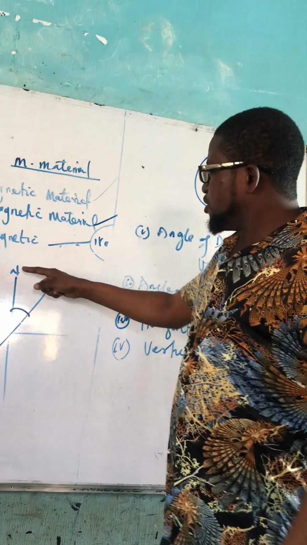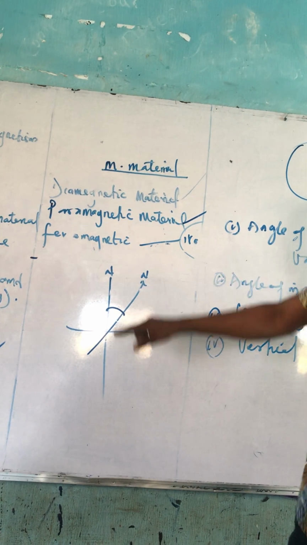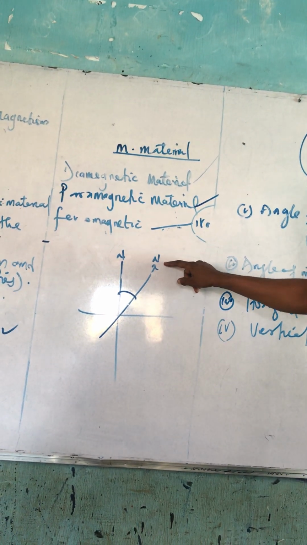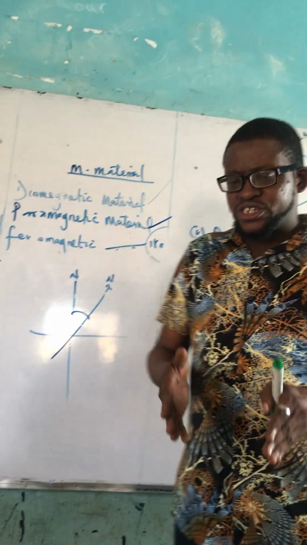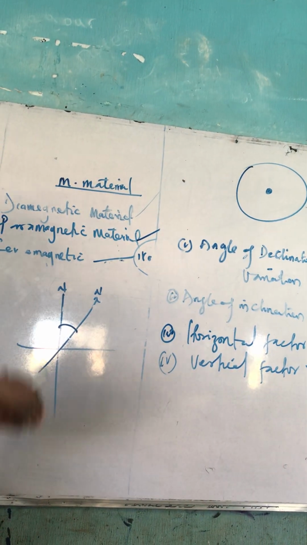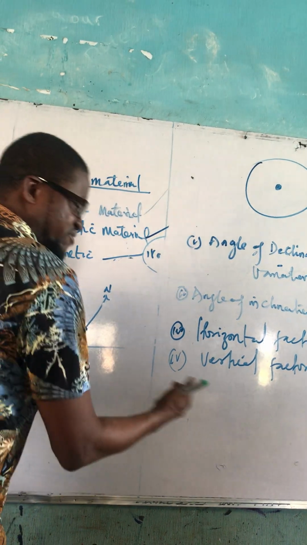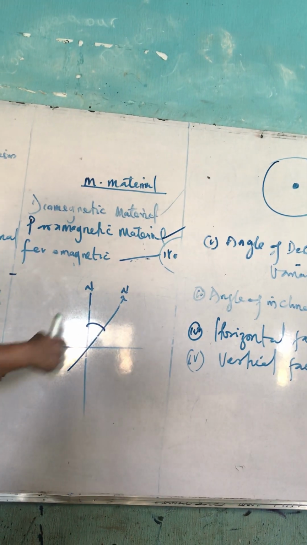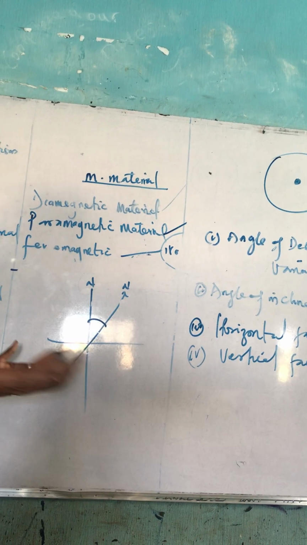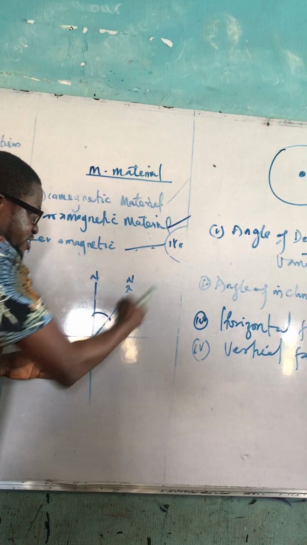I take it again. This north represents geographical north. This line represents magnetic north. You allow the magnet to settle, and the magnet does not settle on the same line as the north of geography. The magnet deviates a little bit, showing that its own north is somewhere else. It's still correct because this is the north for geography, but the magnet has settled to show that this is north.